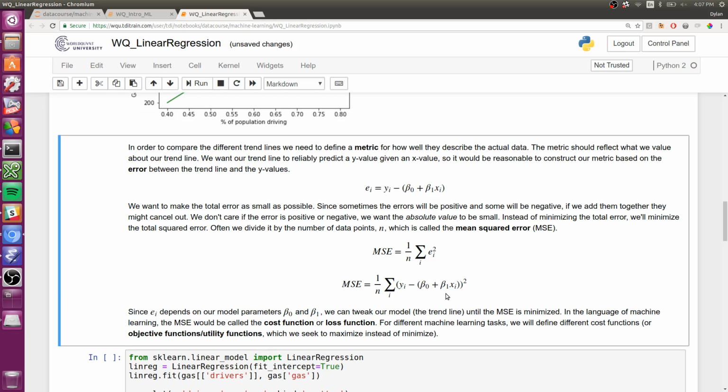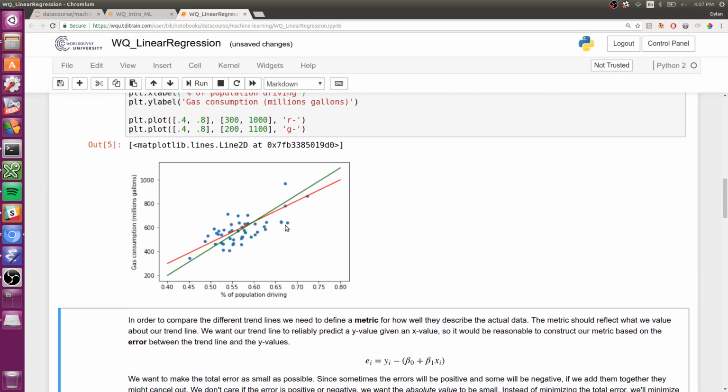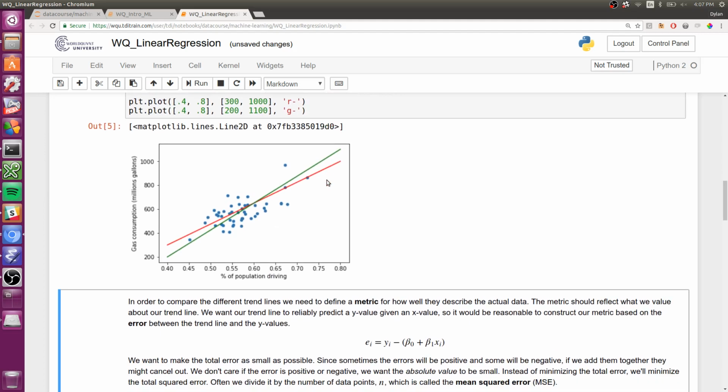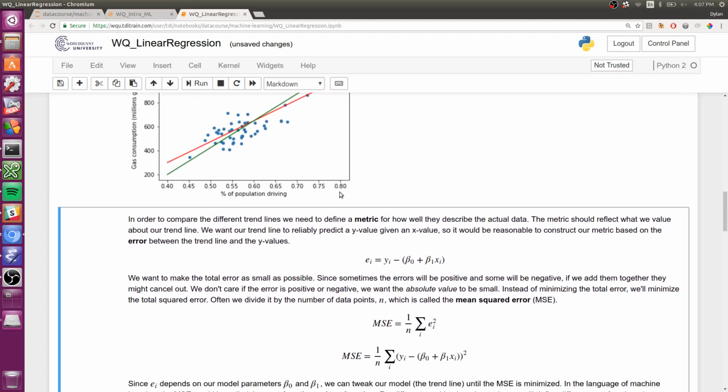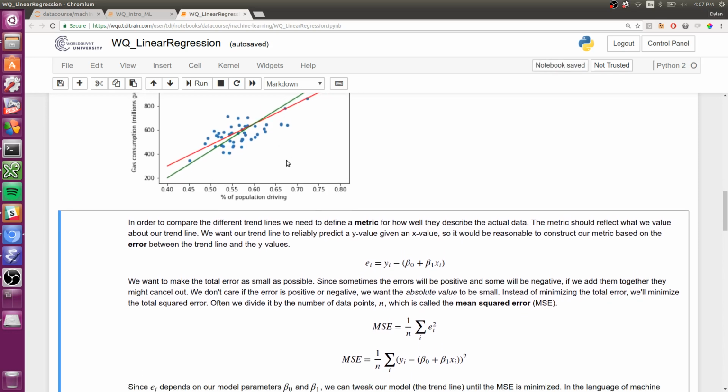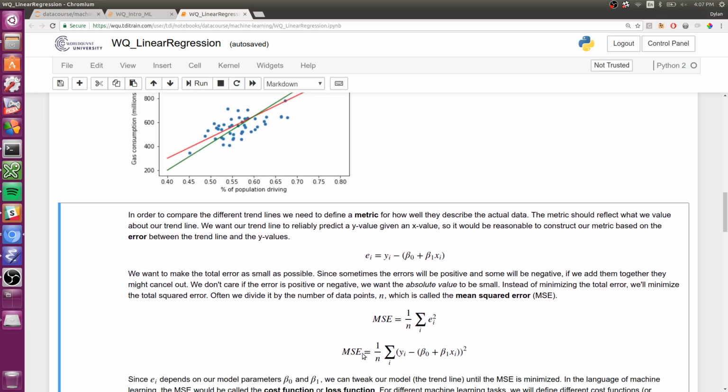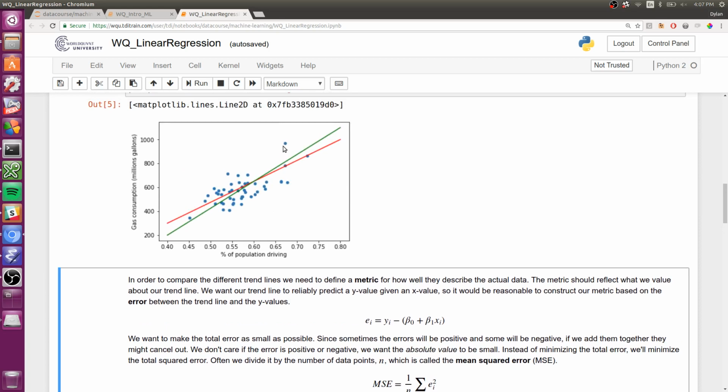So what we will do to decide between different fit lines is consider which fit line, which beta naught and beta 1, which correspond with different lines, minimize this mean squared error. We want to minimize kind of this total error between the points and the lines.